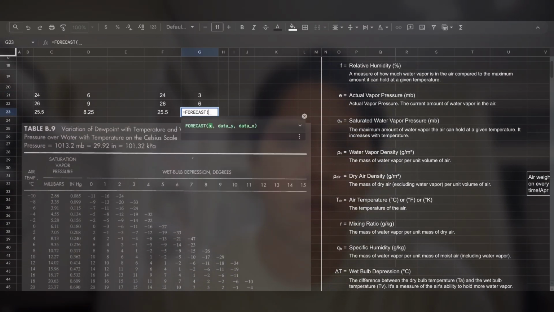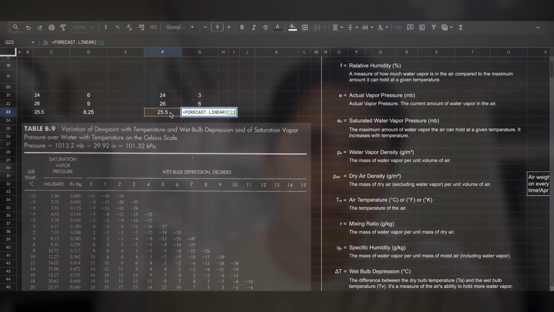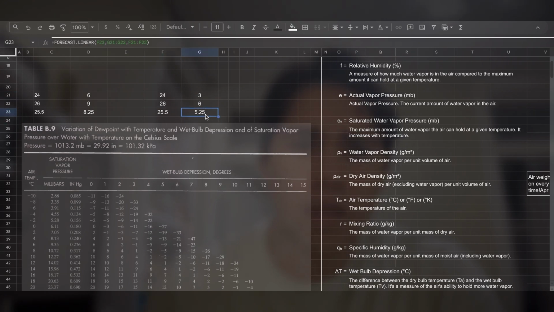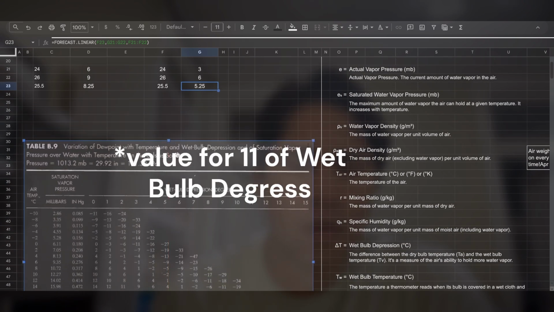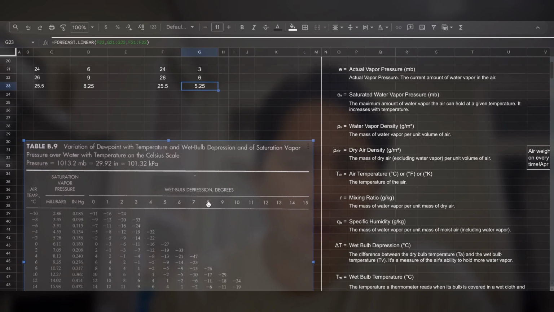We'll do the same forecast with linear interpolation, interested in 25.5, and this will be the value for 26. Now, if we move this down, we can do the same approach, but inverse. Now we need to know the 10.5 value, right?